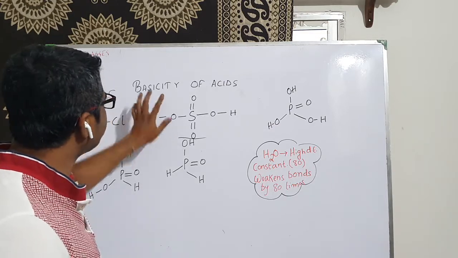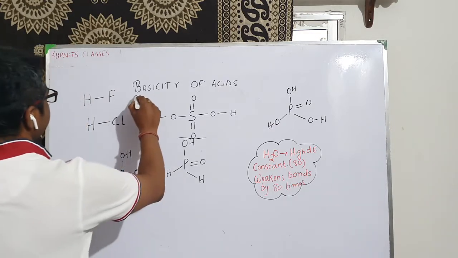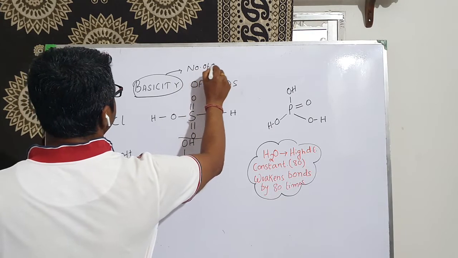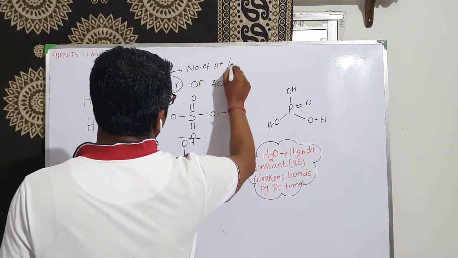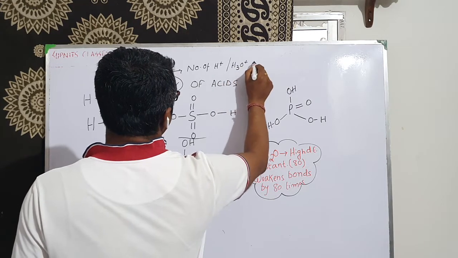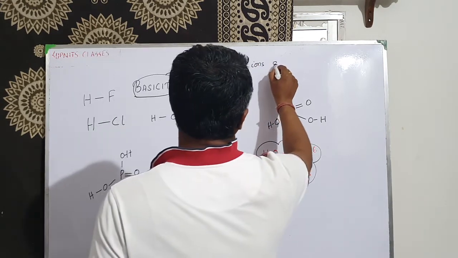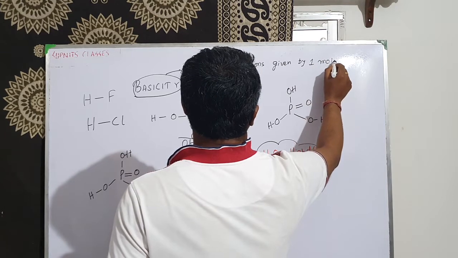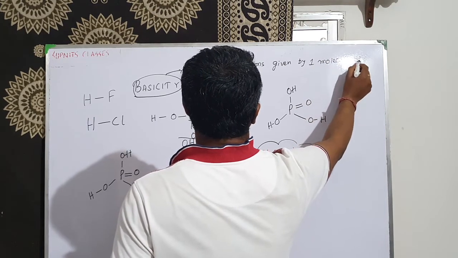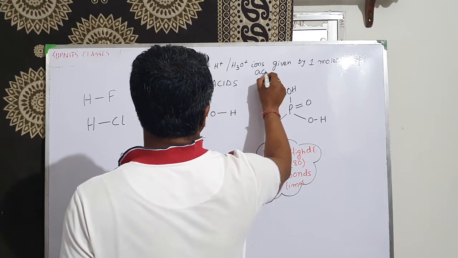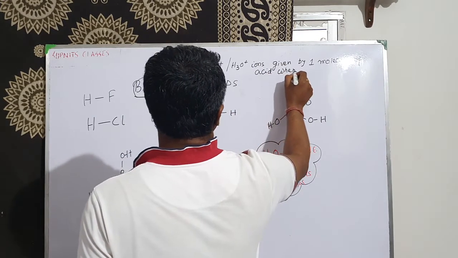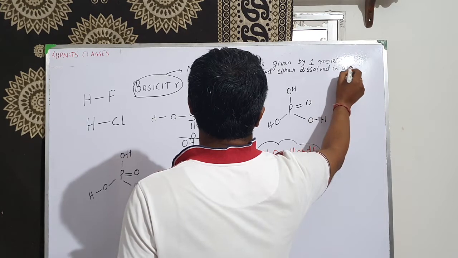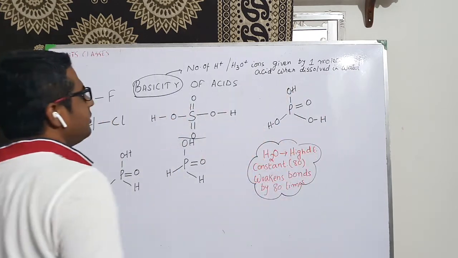While we are talking about the basicity of the acid, this word means the number of H plus or H3O plus ions given by one molecule of acid when dissolved in water. Okay, so this goes about the definition.